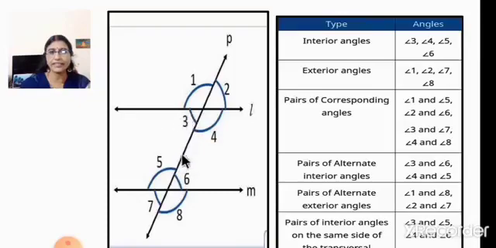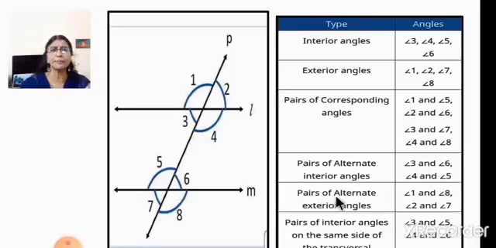Angle 3 is on this side, angle 6 is on right side. So they are alternate interior angles. First of all, they are interior and then they are alternate. Same way if we take angle 4 and angle 5, you can see angle 4 is on right side, it is on the interior side, and this is on the left side. So they are alternate interior angles.